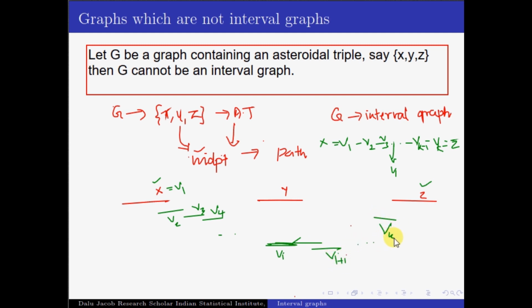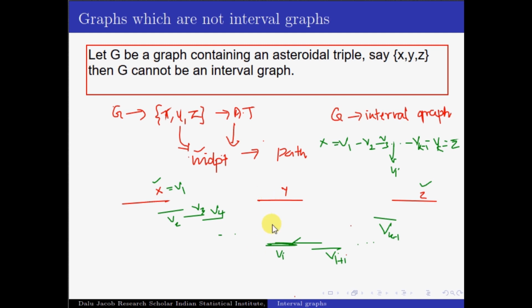So no matter what the vertices are here, at some point there should exist some vi such that the interval corresponding to vi has to intersect with the interval y, because it is in the middle of x and z. There is no other way to go from x to z without intersecting with y.